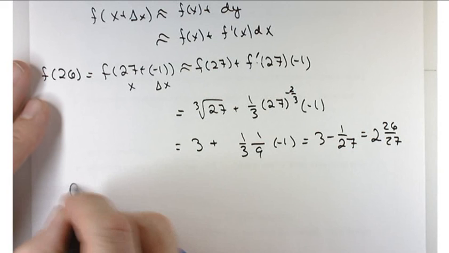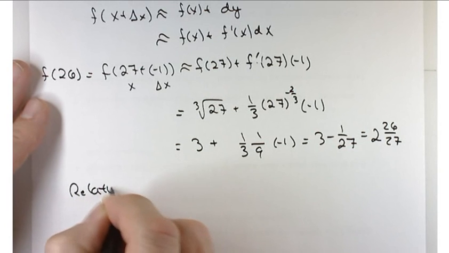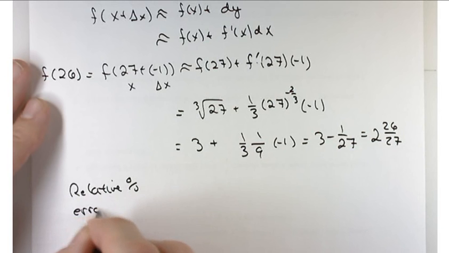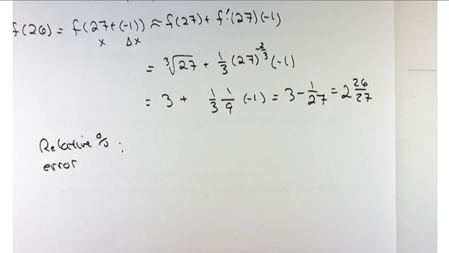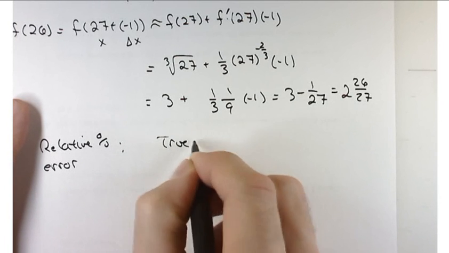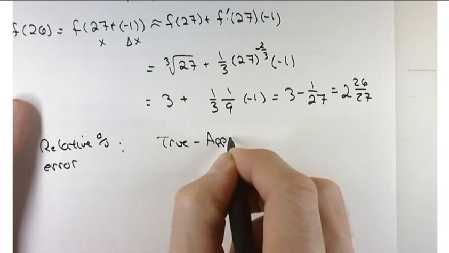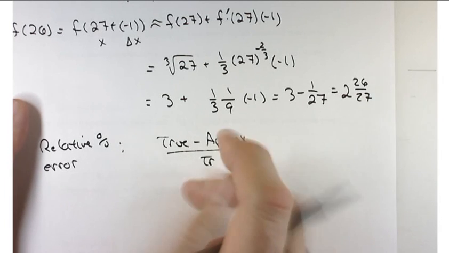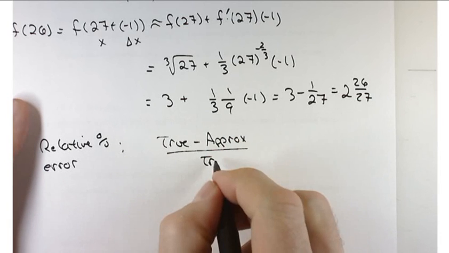The relative percent error. You can calculate that this way. You take the true value minus the approximation and divide it by the true value. So you're going to compare the error to the true value.